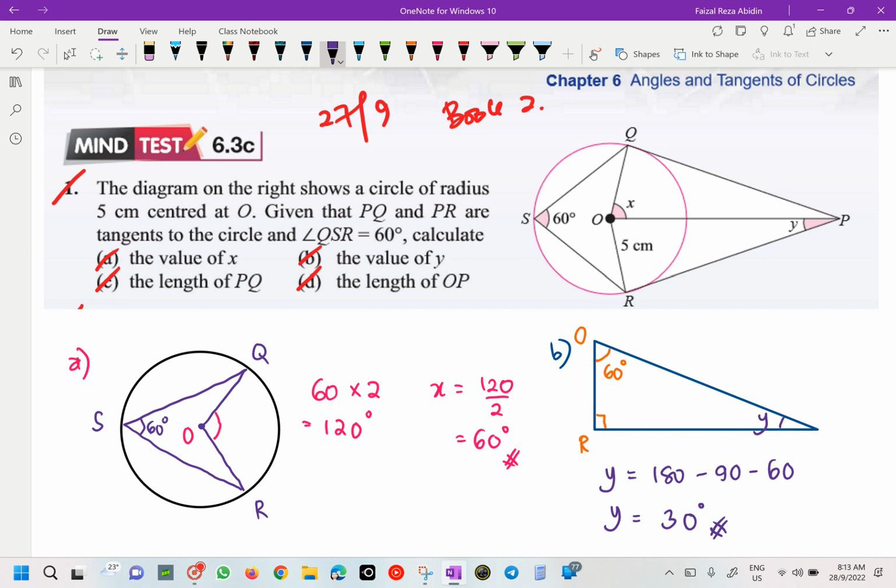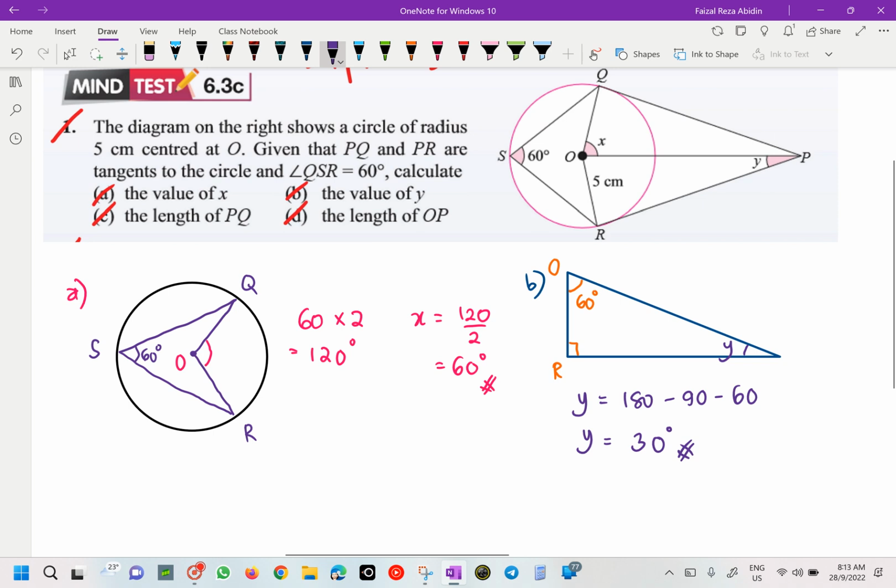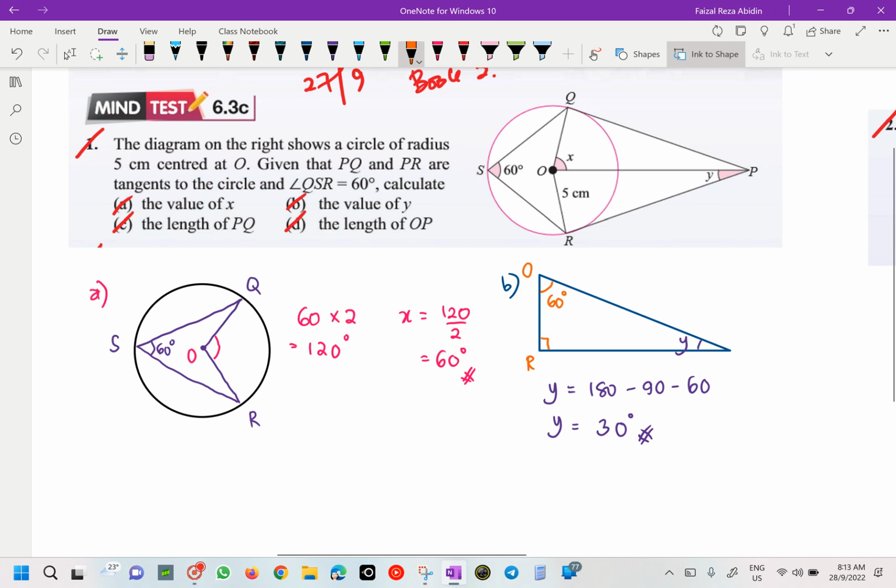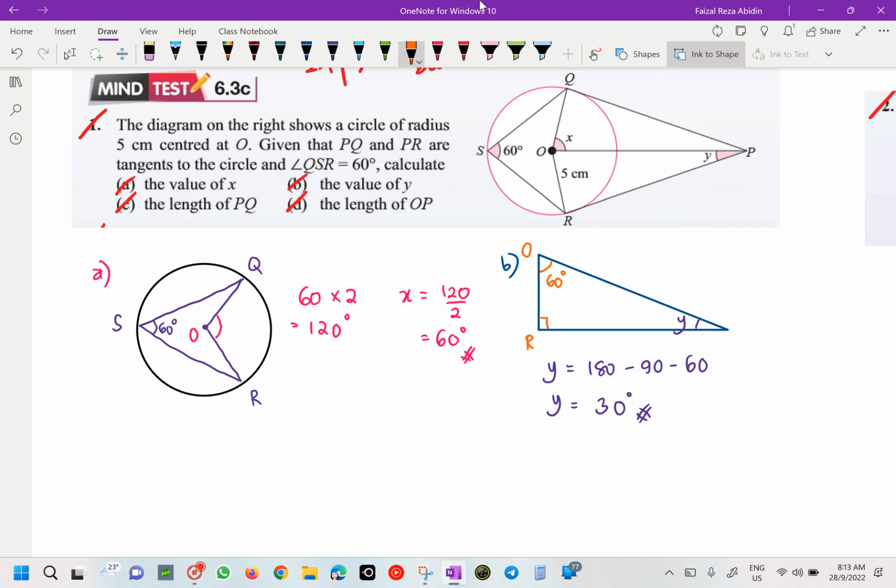Next, we are going to have the length of PQ. Okay, so if you look over there, we have already the same right angle triangle that we have over here just now. So I'm going to draw back. So I'm going to have this triangle like this, right angle triangle.